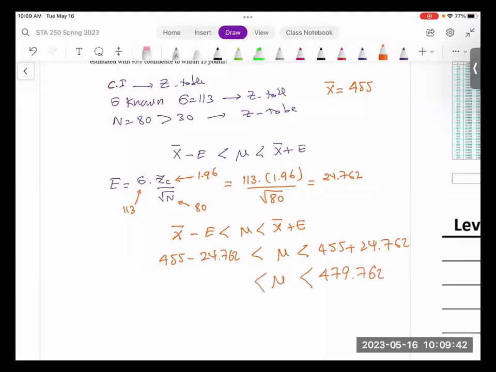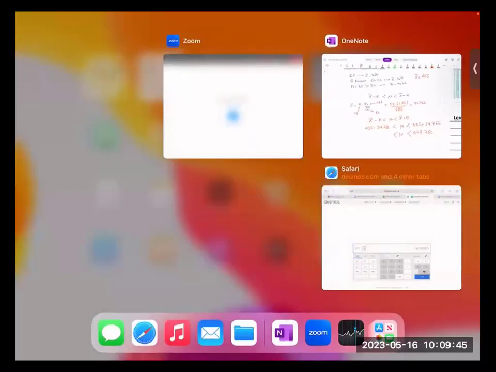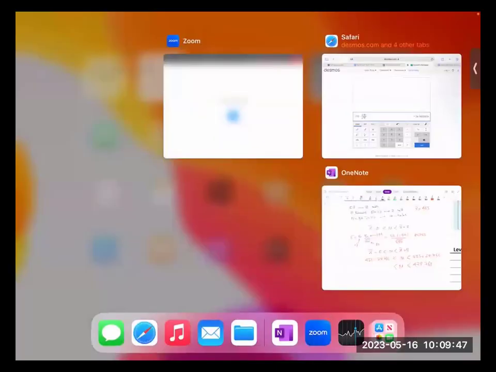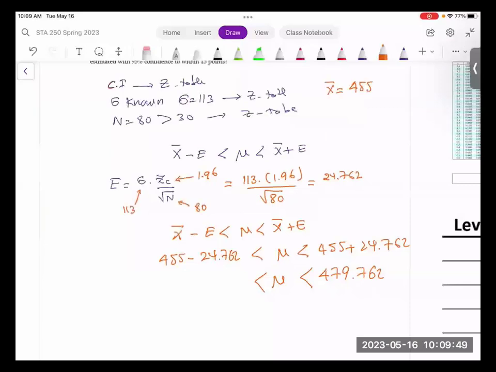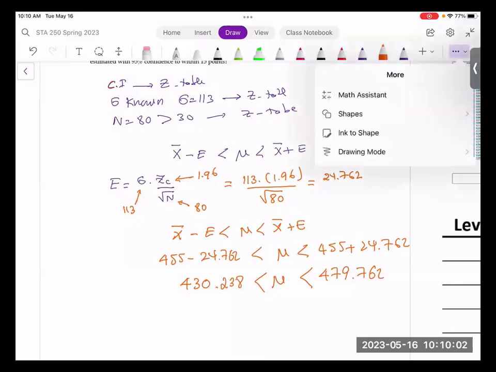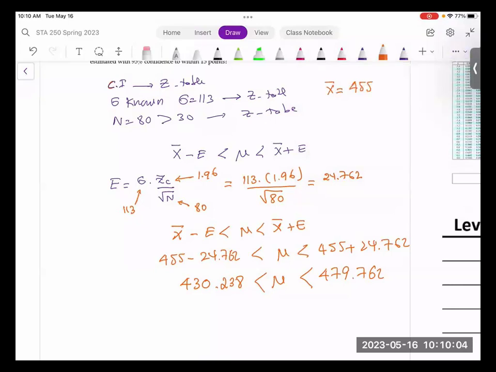And the other one, I'm going to use the calculator. 430. Thank you. And you're all set, all right? So this is your confidence interval, guys. We good?